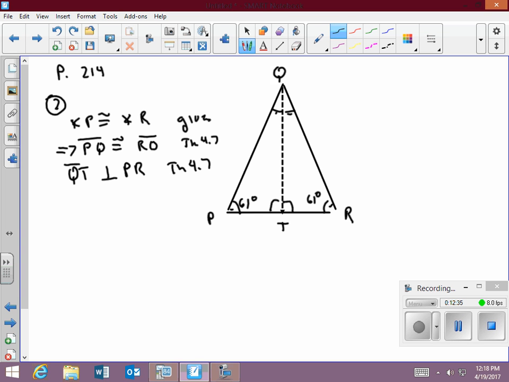No, 4.9. 4.9, yeah, excuse me. Now then, you have 90-degree angles here, by definition. Then you can figure out the size of these angles, and that's what they're asking you to do. Find PQT.